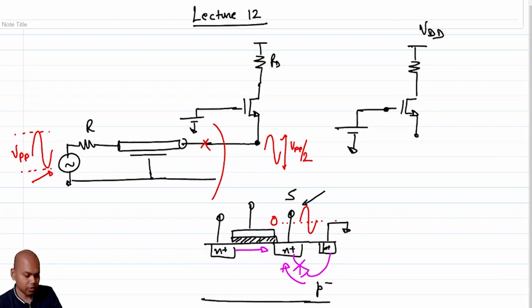So you essentially do not get what you want, because there is a third terminal, which is a body terminal, which is grounded, and if the body terminal and the source get forward biased, right? So essentially you have a diode between the source and the body.